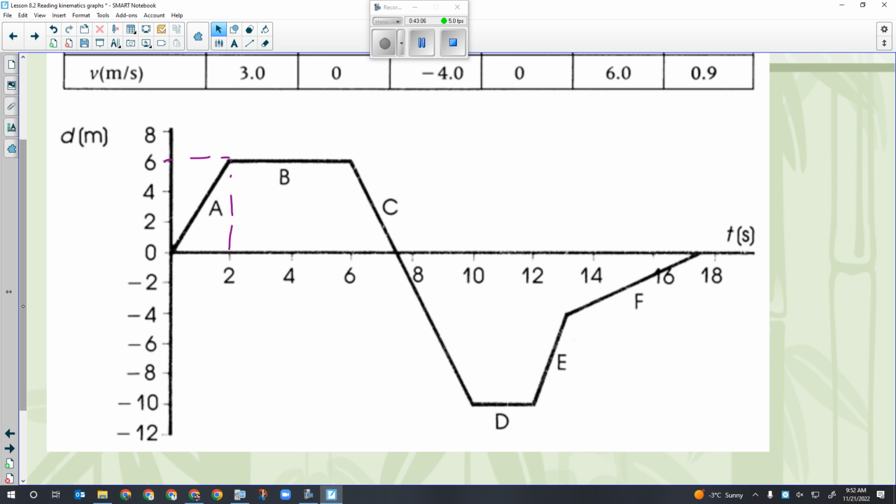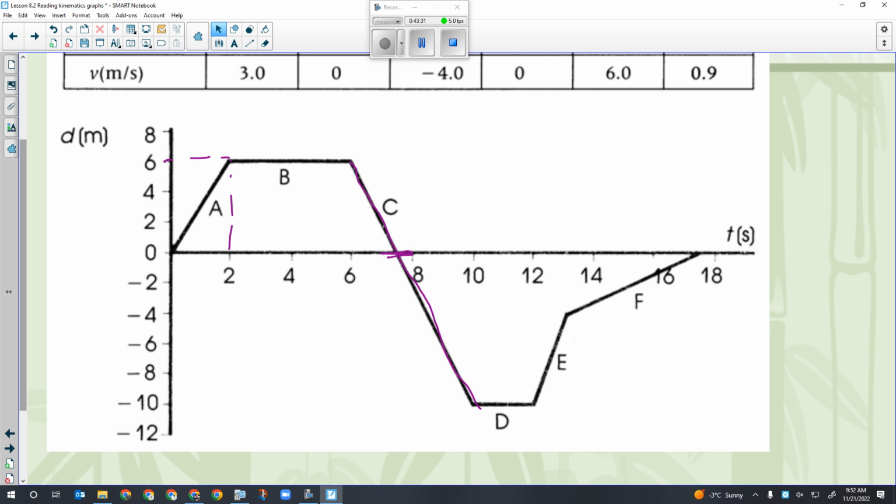I would say moves backwards might be a little better than decrease, because decrease implies we would stop at 0, since you can't decrease below 0. So we would say traveling backwards at a constant velocity, or changing position from +6 to -10 meters at a constant velocity. Any one of those shows me that you've read the graph and know what's going on.